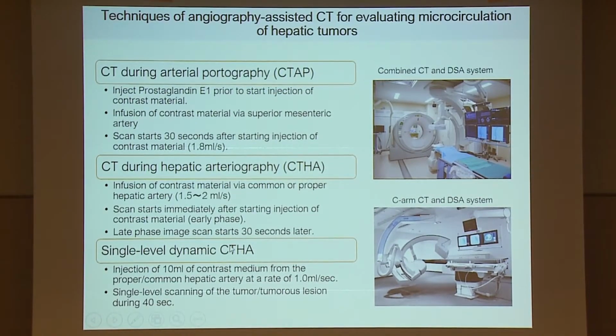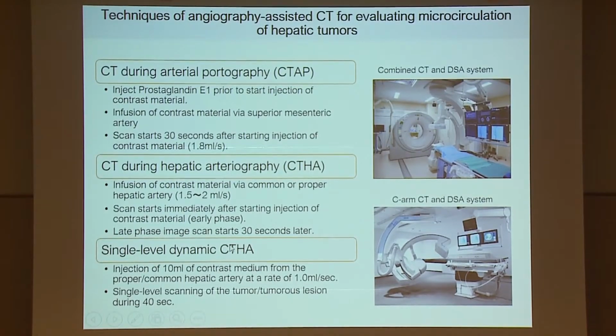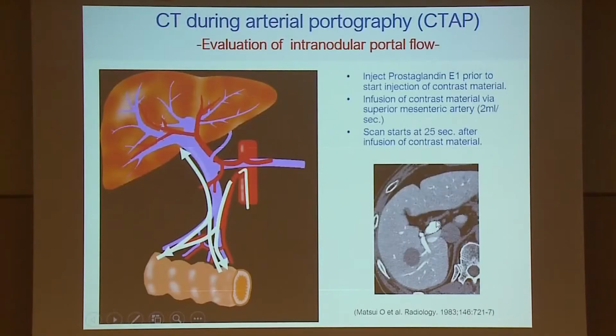And for the evaluation of internodular hemodynamics, we perform single level dynamic CTHA, but this is performed very rarely. In Japan, we have combined CT and DSA systems widely, so performing this technique is not difficult. Recently, combined CT and DSA systems are becoming more and more common in Japan.